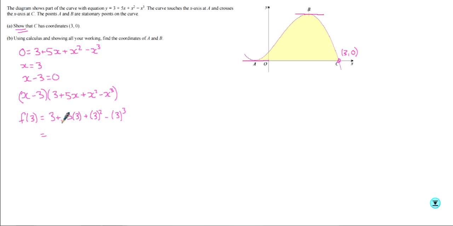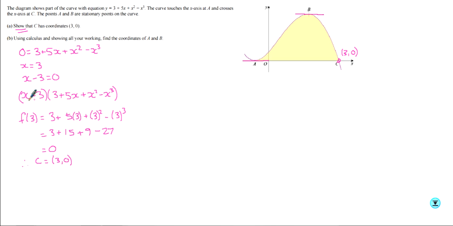And if that's equal to 0, we're proving that when x is 3, the y is 0. So 3 plus 15 plus 9, well, that's 27, take away 27, is equal to 0. Therefore, C is equal to (3, 0).